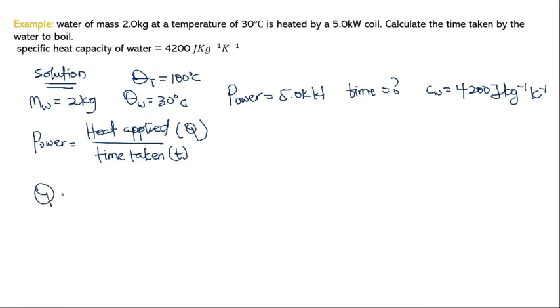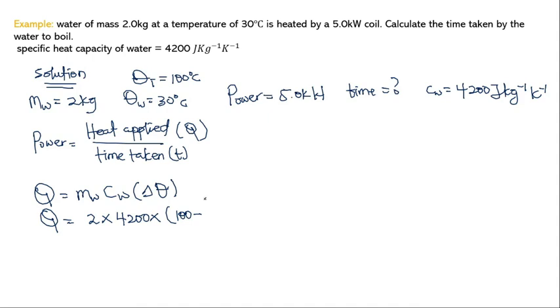So the heat will now be what? The mass of water multiplied by the specific heat capacity of water multiplied by the change in temperature of the water. So our heat is now what? 2 kilograms multiplied by 4,200, that is the specific heat capacity of water, multiplied by the change in temperature over here will be what? 100, because the question is saying calculate the time taken for the water to boil, and we know water boils at what? 100 degrees Celsius.